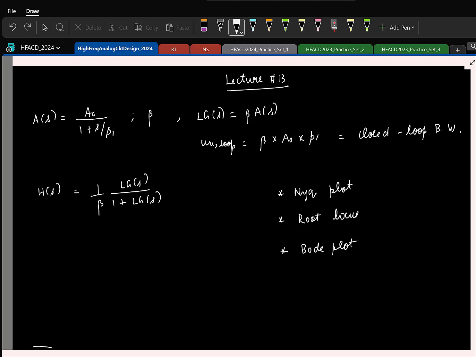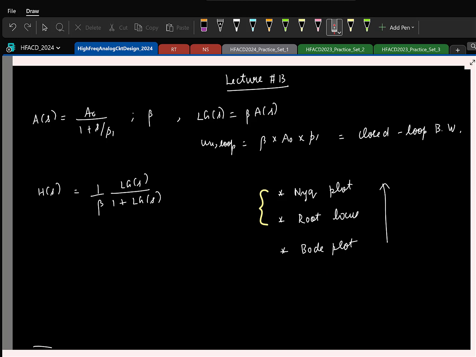Typically I would say this is the order in which the complexity of sketching each of them increases. Usually Nyquist and root locus give you exact information about the closed loop poles, but it is much easier to sketch a Bode plot. So we typically try to understand stability using one of these and then translate that understanding to the Bode plot so that we can make our life simpler.